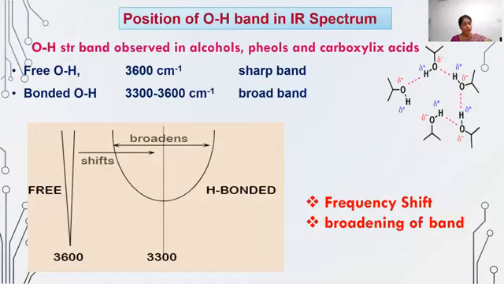Because several molecules are present in the intermolecular hydrogen bonding and they absorb different radiations because of the varying strength of the bond, it results in the broadening of the band. These are the two important parameters of free OH and bonded OH.